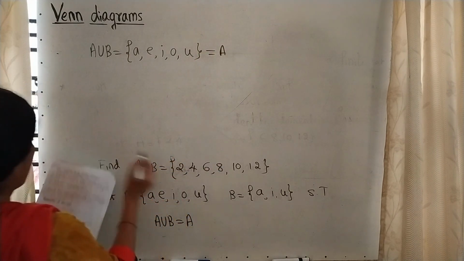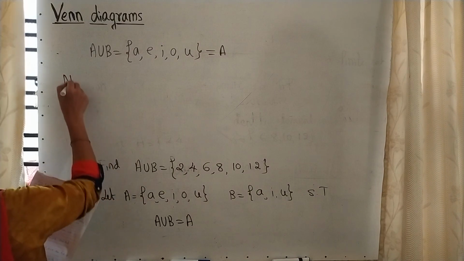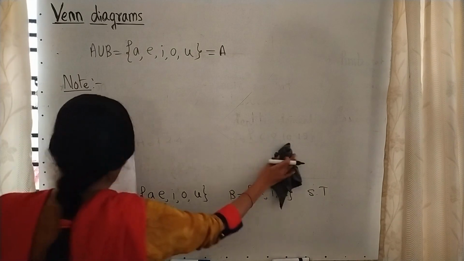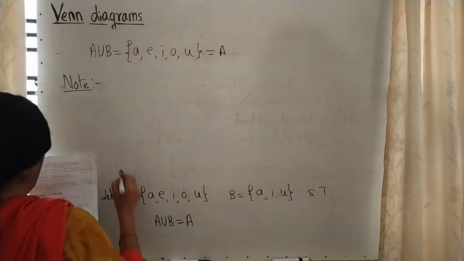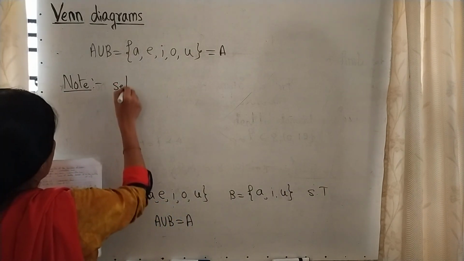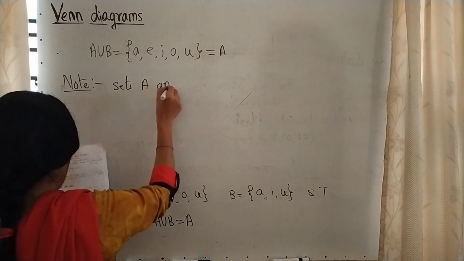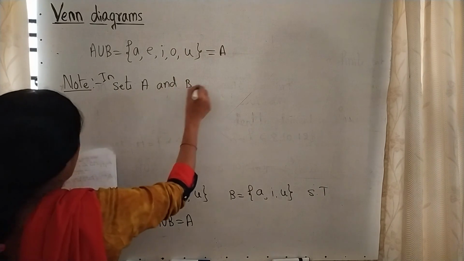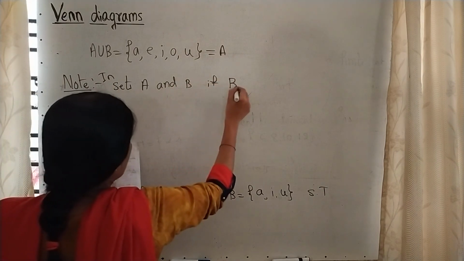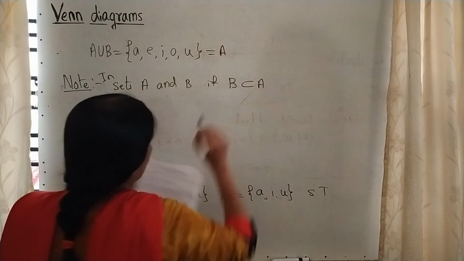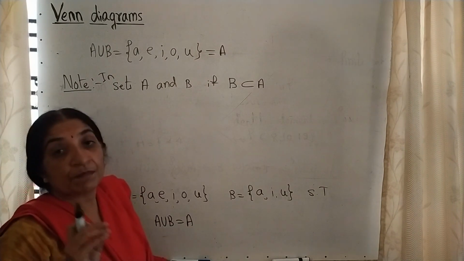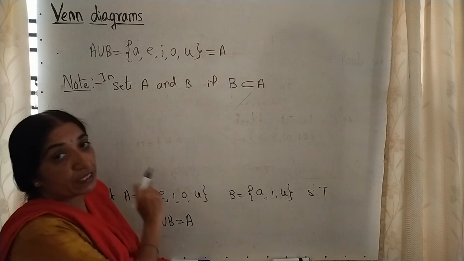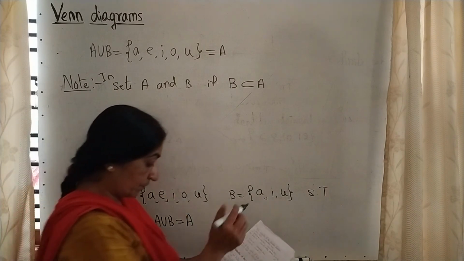Then what you are observing? See, with the help of this example, I am giving you one important note. In sets A and B, if B is a subset of A. What is the meaning of that? B is a subset of A means obviously A is the biggest set.